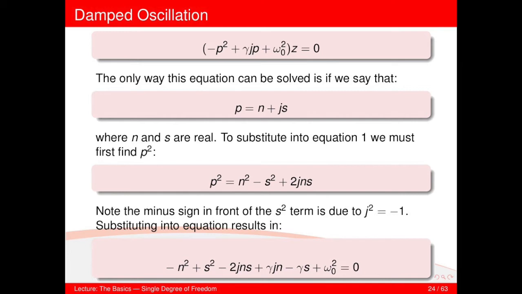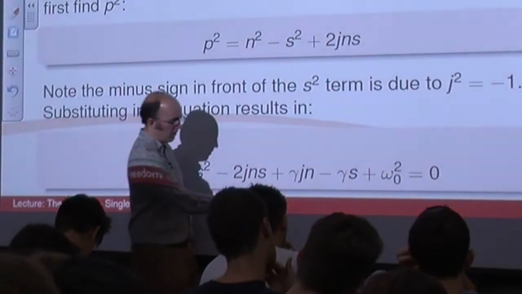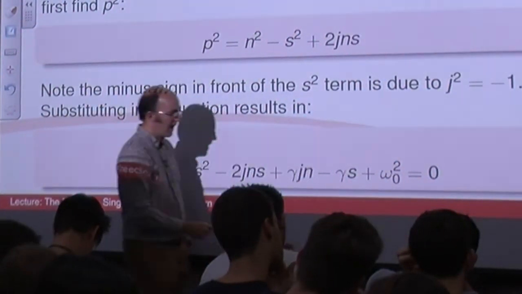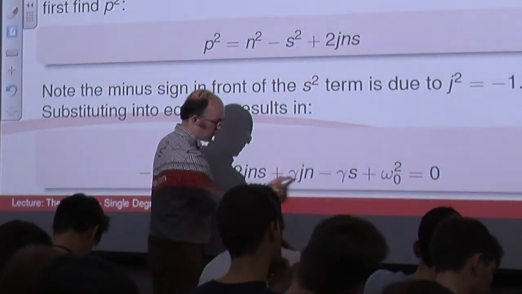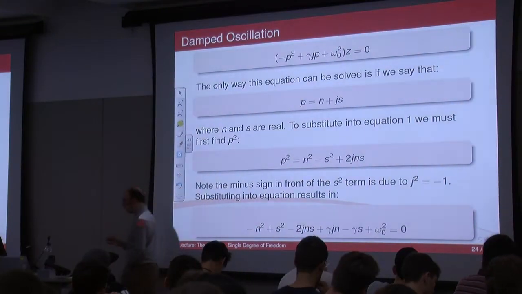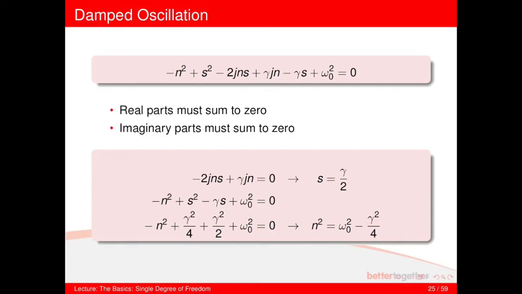Now look at what happens. We've got a real bit, a real bit, and a real bit, and that can be equal to 0. And this odd bit as well can also be equal to 0, depending on certain things. So real parts must sum to 0, imaginary parts must sum to 0.